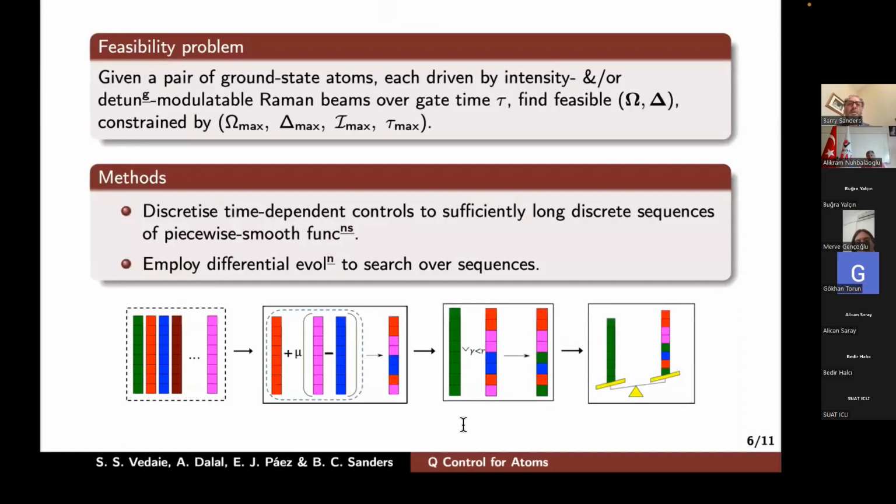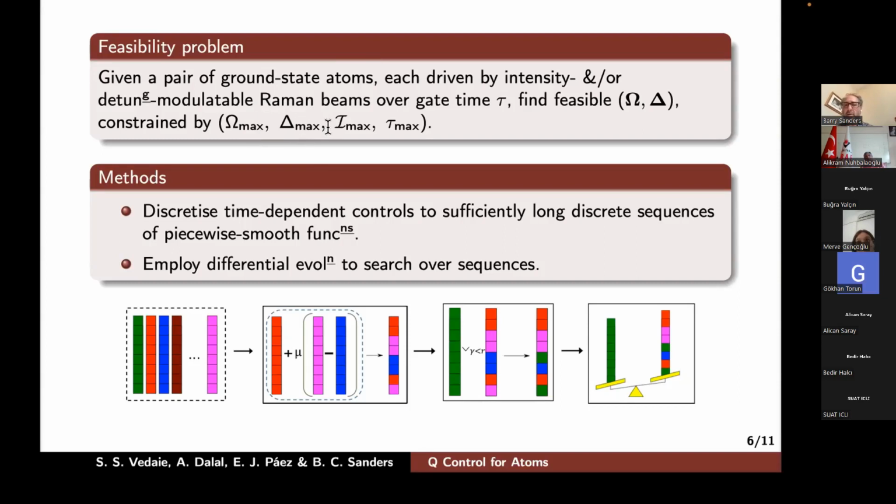Okay, so our feasibility problem can be expressed mathematically as saying, given a pair of ground state atoms, they can be neutral or charged, so they can be ions, each driven by intensity and/or detuning modulatable Raman beams over a gate time tau. So that's a given. We're not optimizing over gate time. We're given a gate time and then optimize the other terms. And then we find feasible values for Rabi frequencies and detunings constrained by omega max, which is effectively due to a limit on the power of the laser.